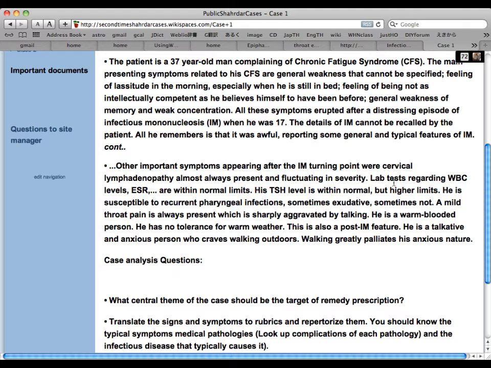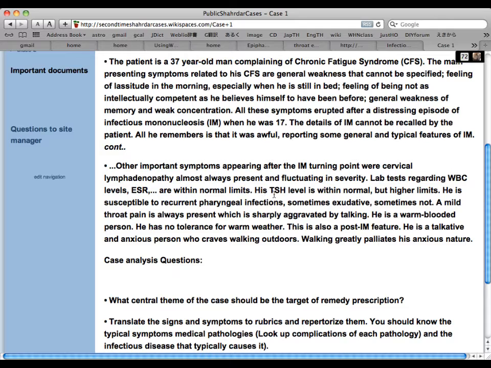Lab tests regarding WBC, okay, white blood cell count, the number of white blood cells, ERS, I didn't look this up, I'm not sure what it is, are within normal limits. You have to look this up, okay?